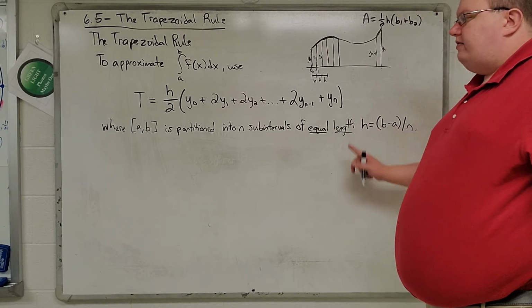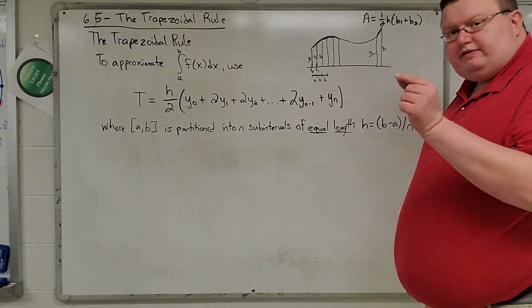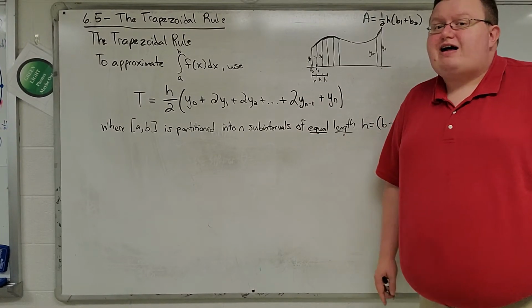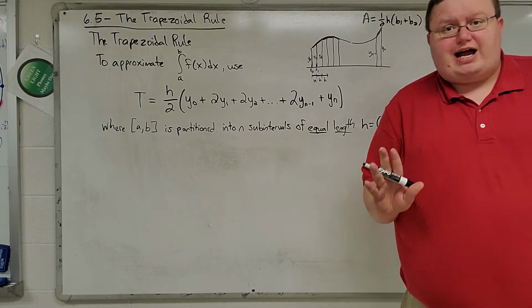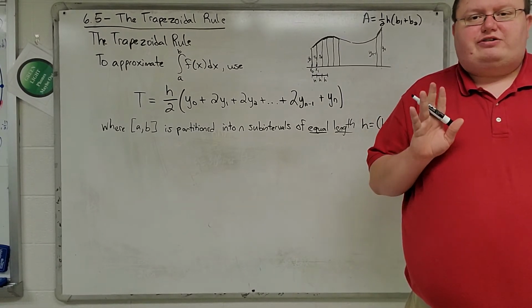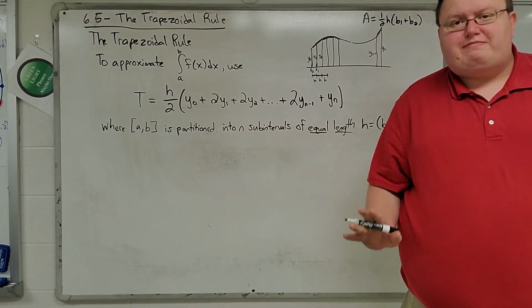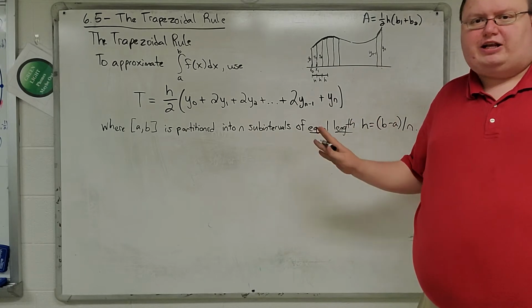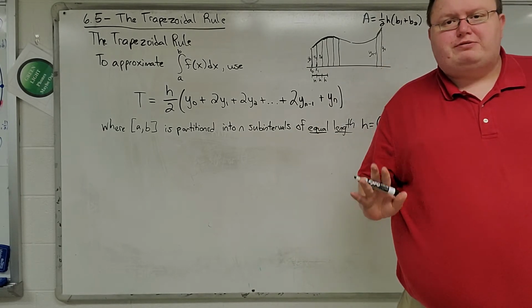That's only if they're the same width, if the h is uniform, equal length. If it's not, most likely you're dealing with a smaller set of data, and you will have to just do each trapezoid one by one. Instead of using this formula, you'll have to do each trapezoid one by one.